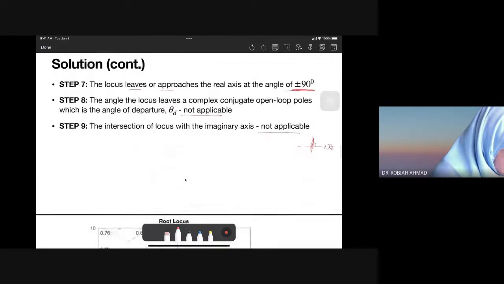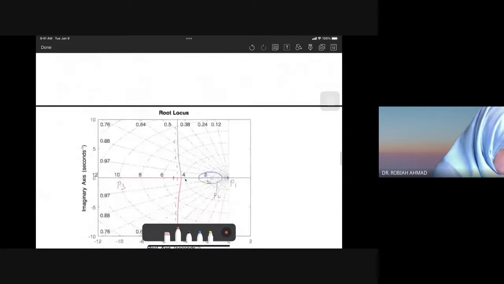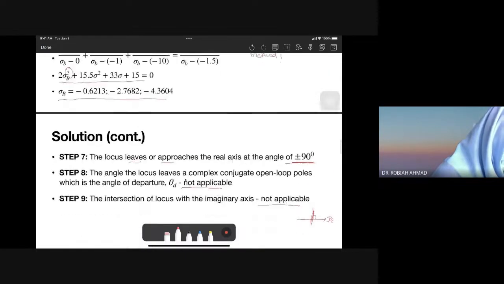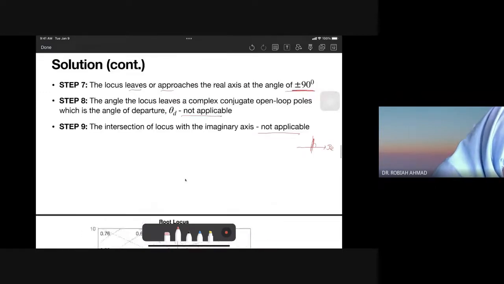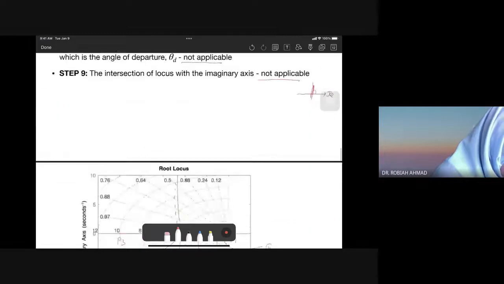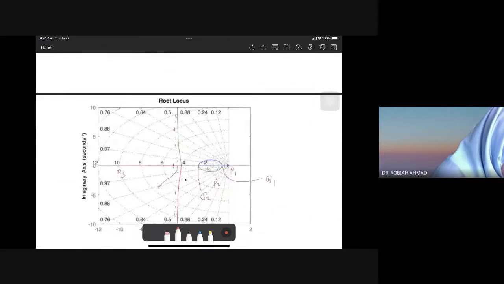So I'm putting sigma here. Somewhere here is breakaway number 1. Somewhere here is breakaway number 2, 2.7. Then somewhere here, 4.3, is breakaway number 3.